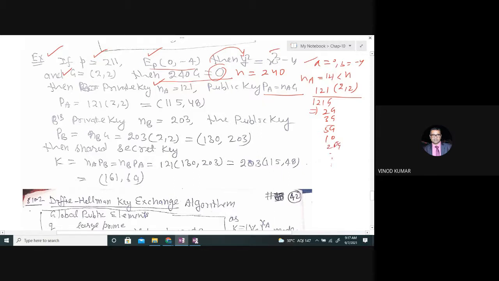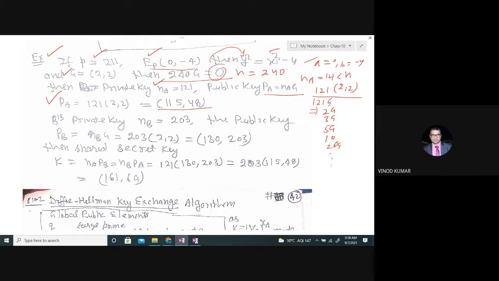But I suggest that in the exam you will get a simple question with simple calculation, not this type of calculation. This is very typical. It is not easy to calculate the values of nA and nB with simple calculation. This value is calculated by computer, not by hand.